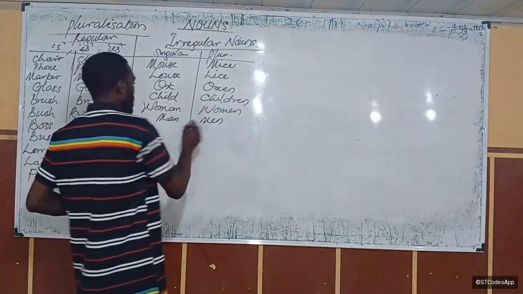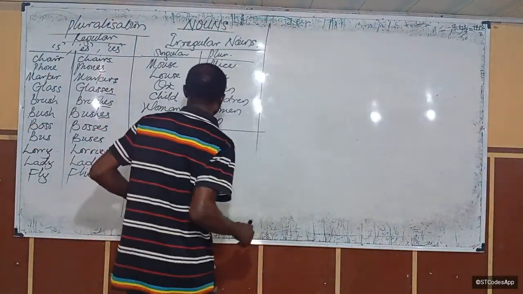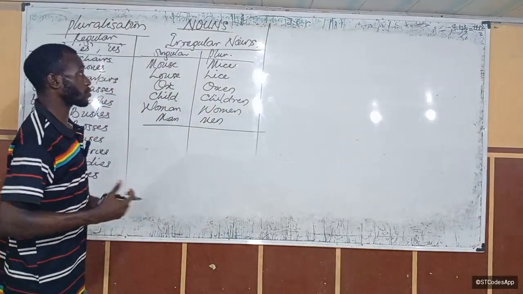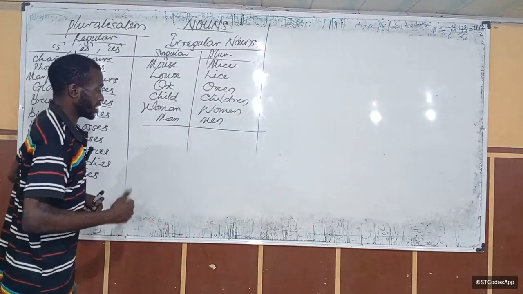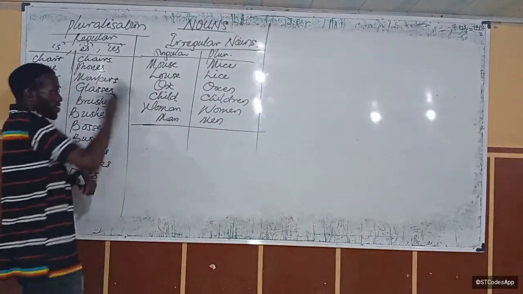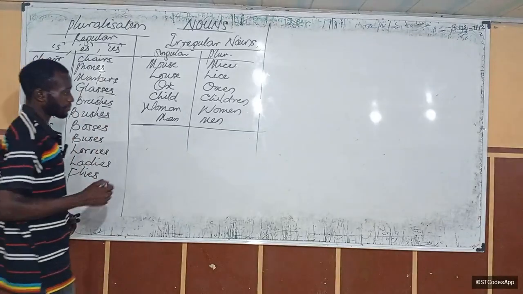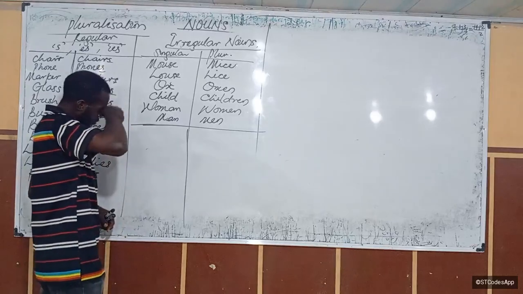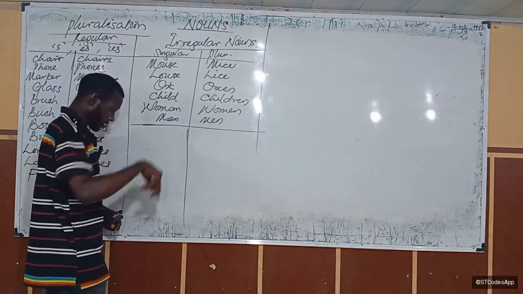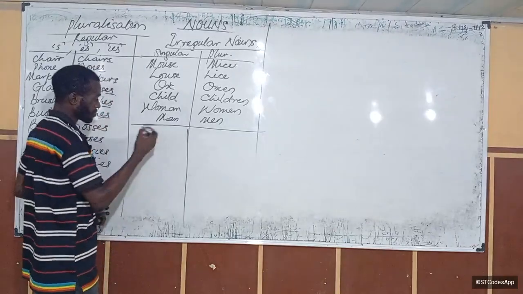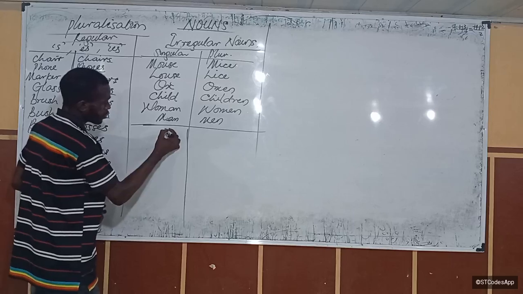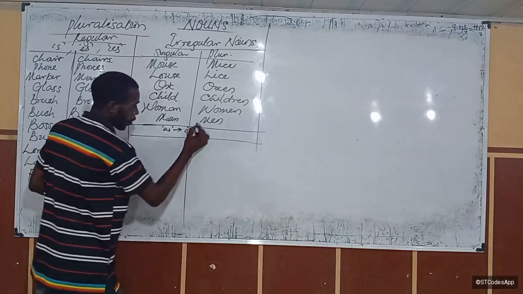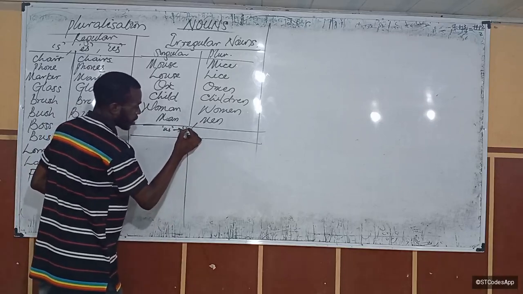Now, there are some other irregular nouns where the way we pluralize them is quite the same, but we still call them irregular nouns because it's different from the form that we did. Some of such words are the ones that end with us, and we pluralize them by turning the us to i. Or in some cases, us becomes i or a.